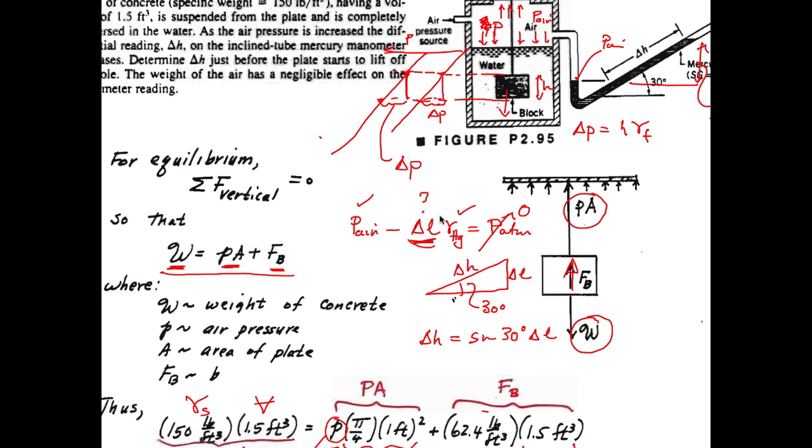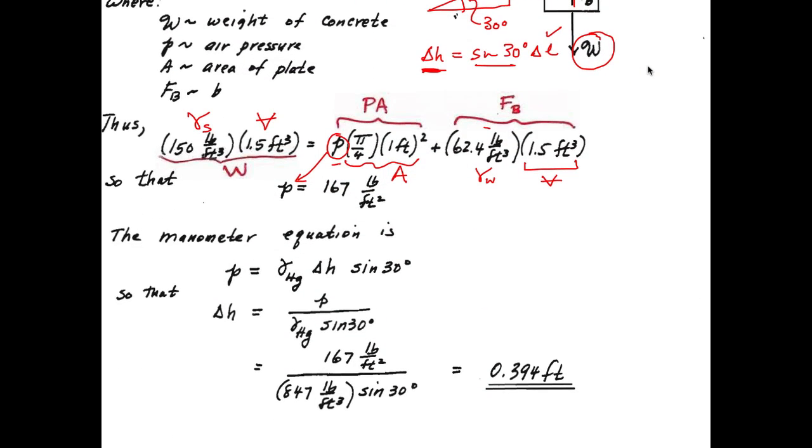We can calculate this length because we now know what that is. So if we know what delta L is, we know what this angle is, we can calculate what the length along the inclined manometer is, which gives us this extra resolution, if you like, in terms of measuring this. And hopefully that's the expression that we have here.